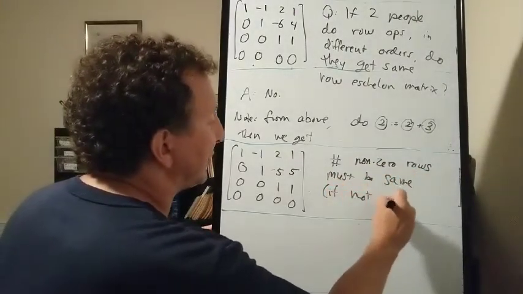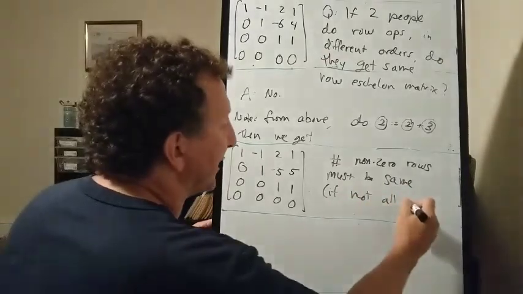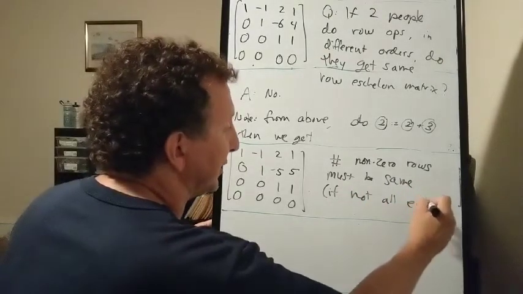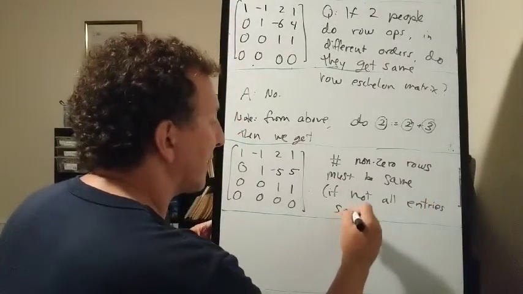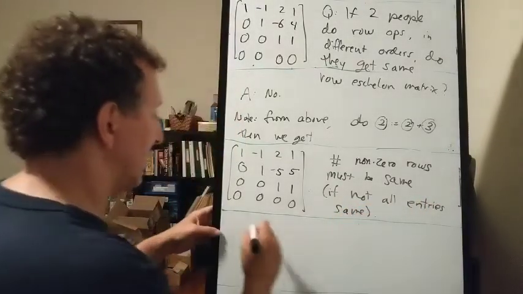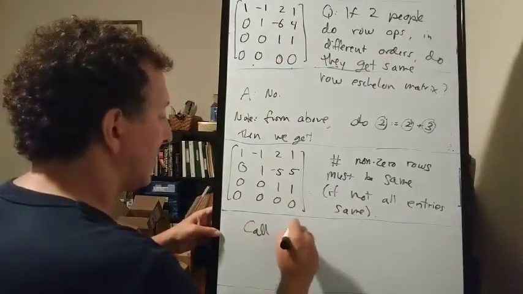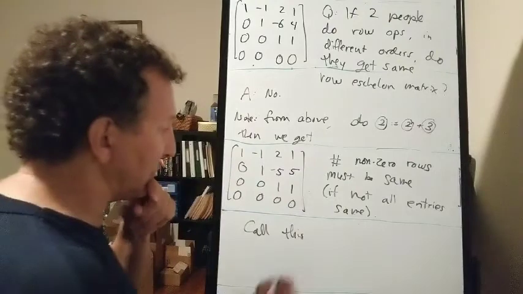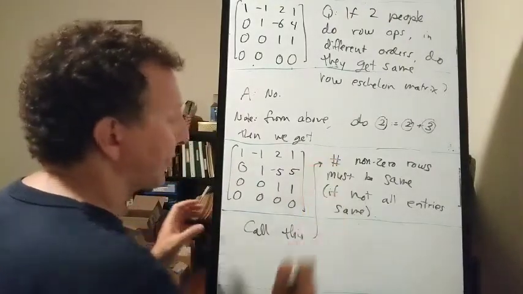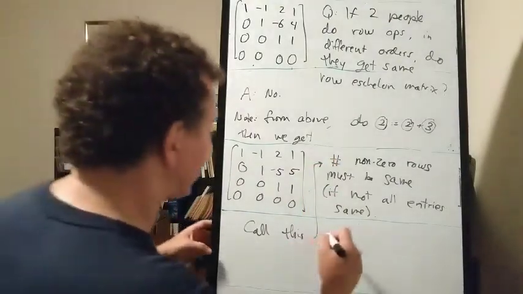Even if not all the entries are the same, the number of non-zero rows is definitely going to be the same. We call this number of non-zero rows the rank of the original matrix.